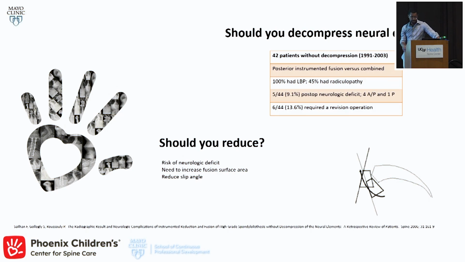Now, certainly there has been some discussion that reduction perhaps decreases the neurologic deficits, where you can actually take the L5 nerve root and change the morphology to a more normal looking nerve root with a reduction. Perhaps you need to increase the opportunity to have a solid fusion mass along your transverse processes, so there's a need to reduce or even to reduce the slip angle.